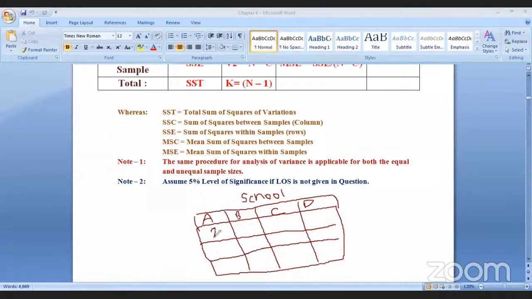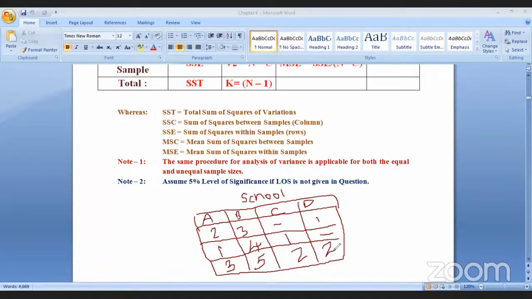Here the information: 2, 3, here no data, 1. Then 1, 3, 4, 5, 1, 2, here a dash, here 2.